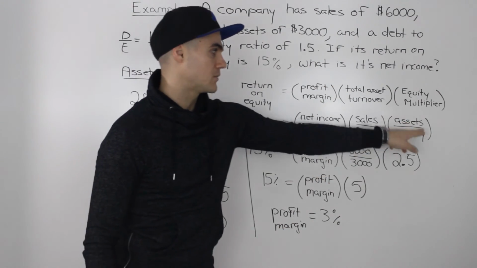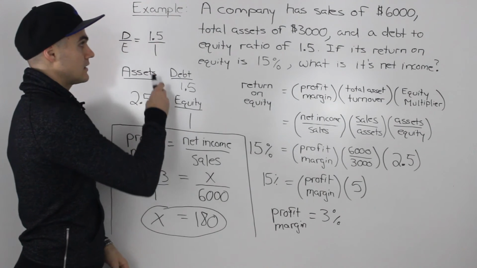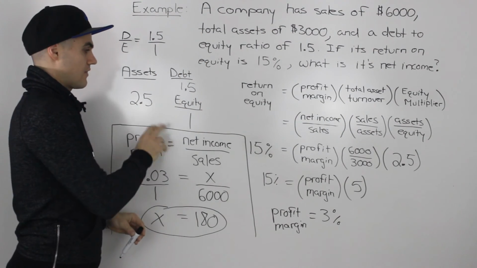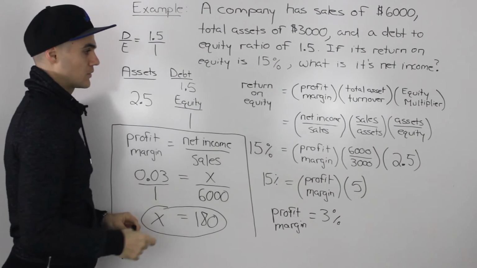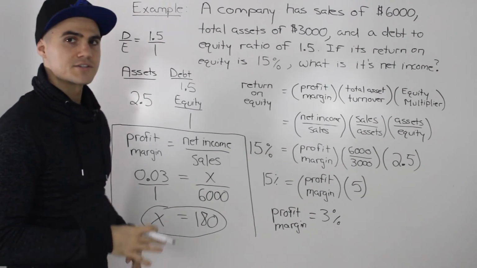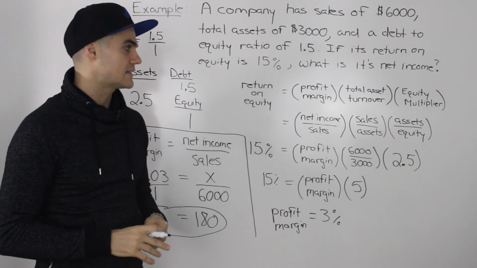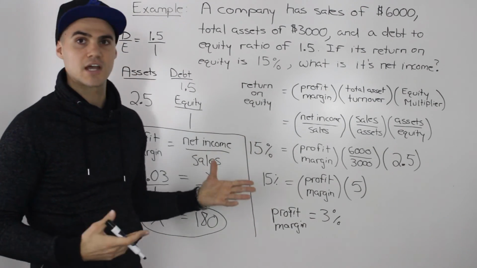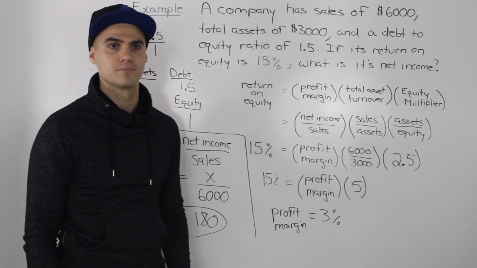Also, to get the equity multiplier, we had to manipulate the debt to equity ratio, make a mini balance sheet, and then we got an assets over equity ratio of 2.5. So lots going on in this question. If you didn't get that fully, make sure you rewatch it again, because this is something that can potentially come up on your midterm.